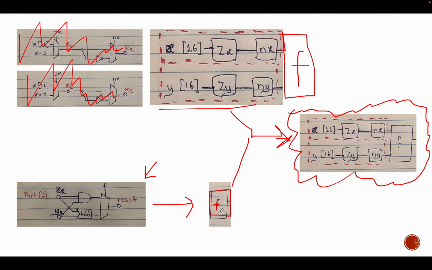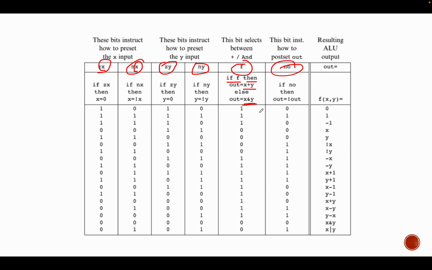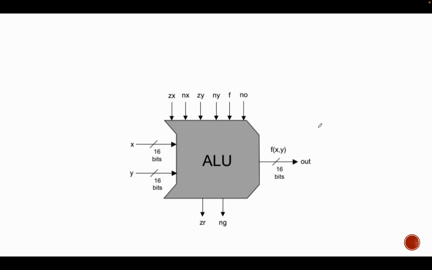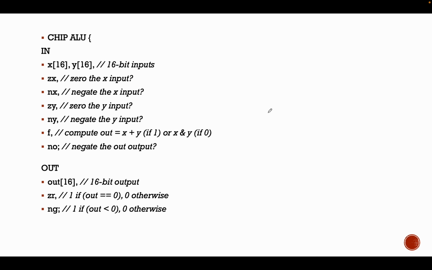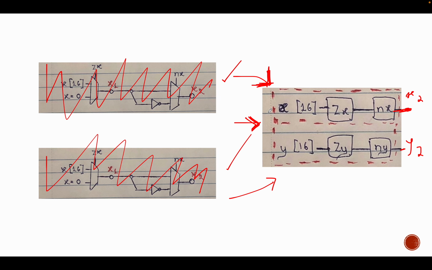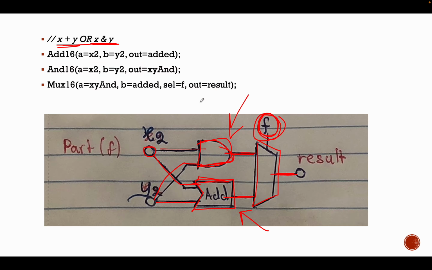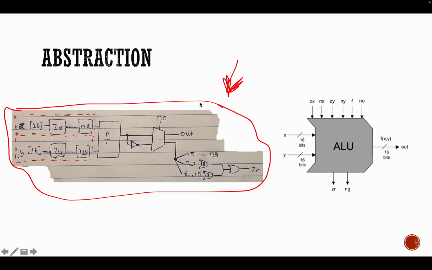That connects with the truth table, and also with the HDL code that you see here. So these are the chips and gates that you will have to understand, so that you can get a better understanding of how the ALU works.